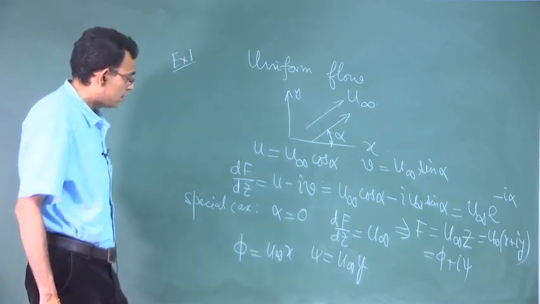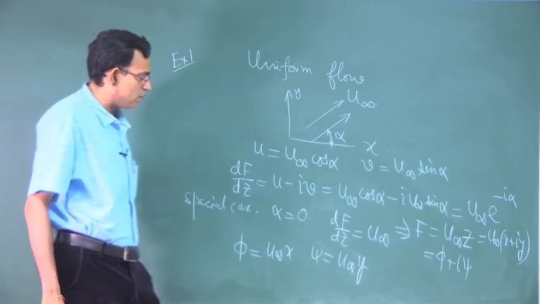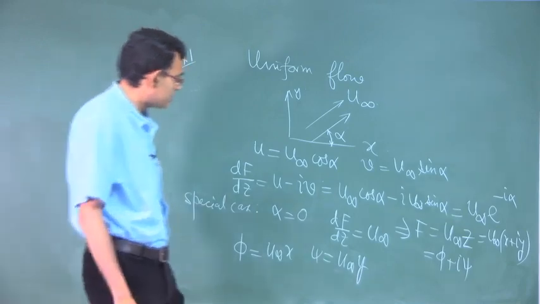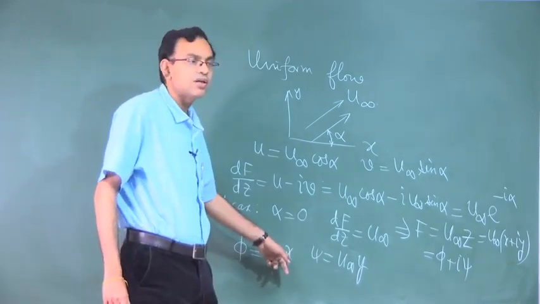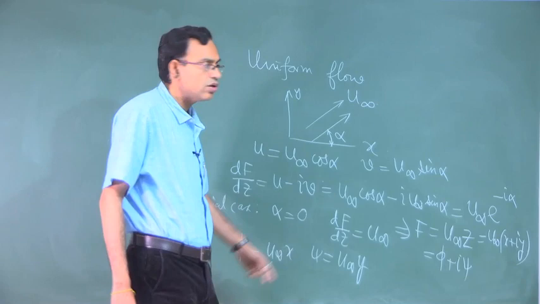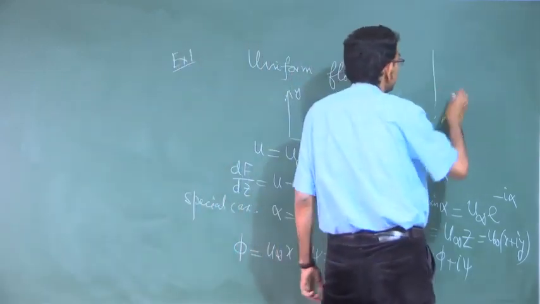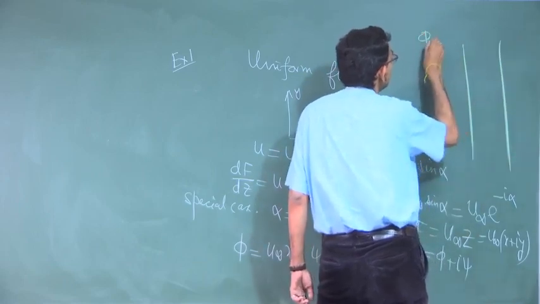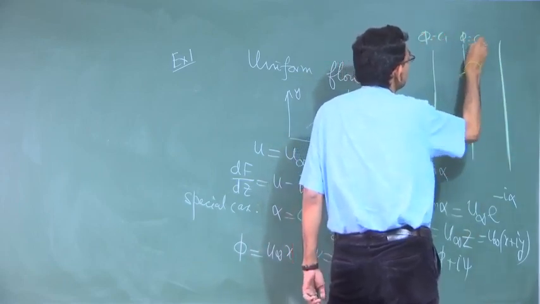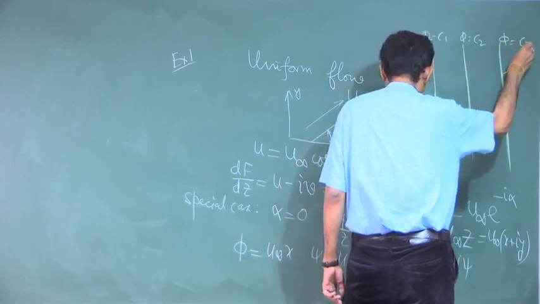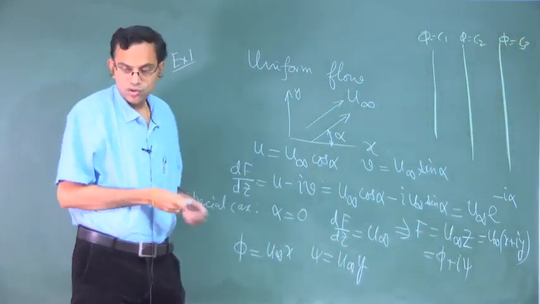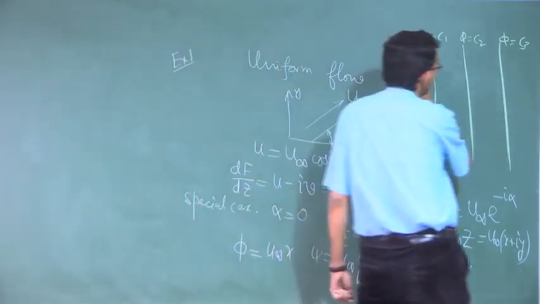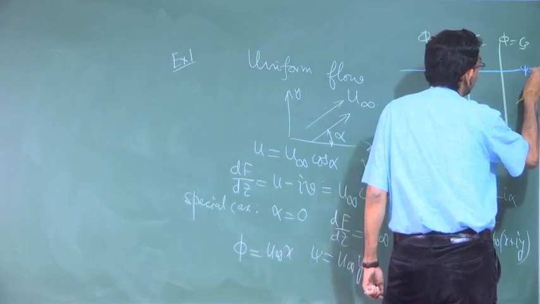Okay. So, let us try to draw the phi equal to constant lines. Phi equal to constant lines means x equal to constant lines, which look like this. These are phi equal to constant, and psi equal to constant means y equal to constant, that means these are parallel to the x axis. So, this is psi equal to k1.